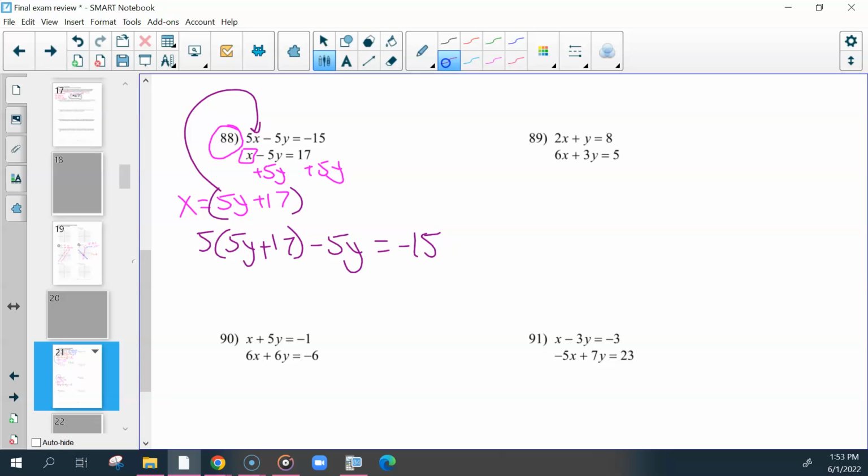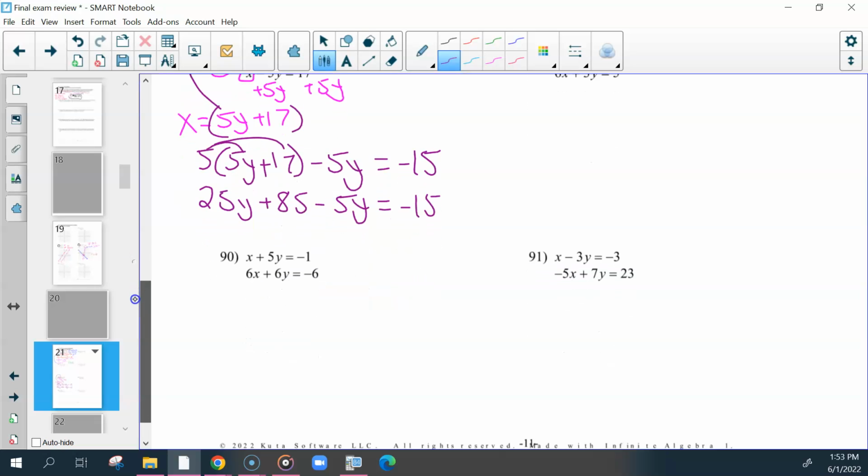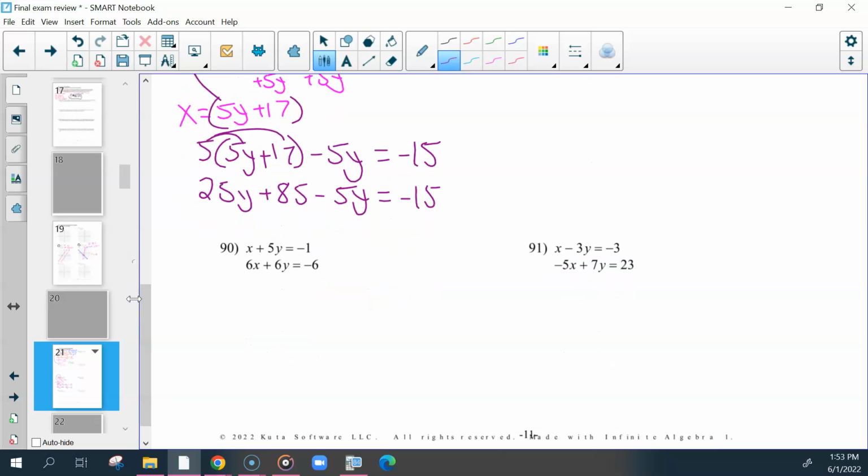And then we can start solving for y. So distribute. So we get 25y plus 85 minus 5y equals negative 15. Combine your like terms, 25 minus 5 would give us 20y.